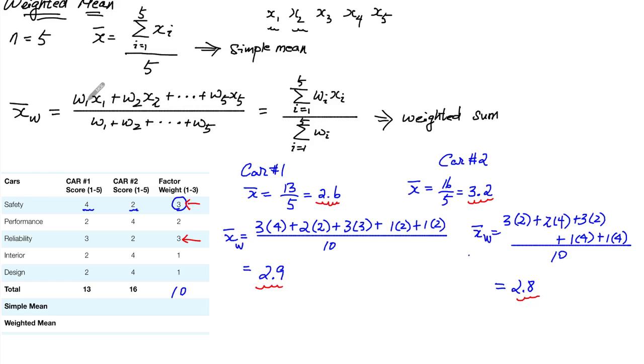So if all the weights given to safety, performance, reliability, interior, and design were equal to 1, and we were to apply this formula, 1 times x1 plus 1 times x2 plus all the way up to 1 times x5, all divided by the sum of all the w's, which is 5, then you're going to get the simple mean. And I invite you to try that on your own, and you'll see that it's going to evaluate to 2.6 and 3.2 respectively for car number 1 and car number 2.